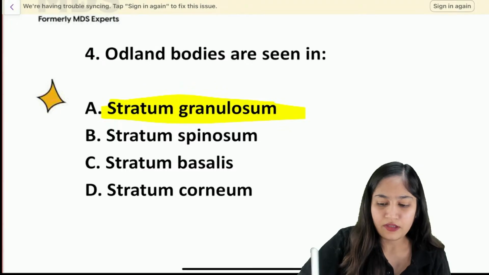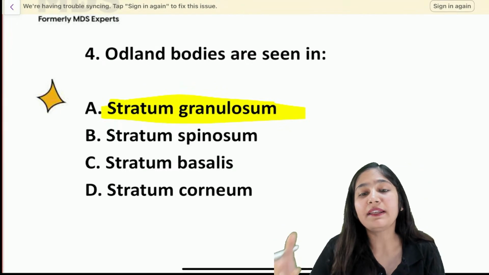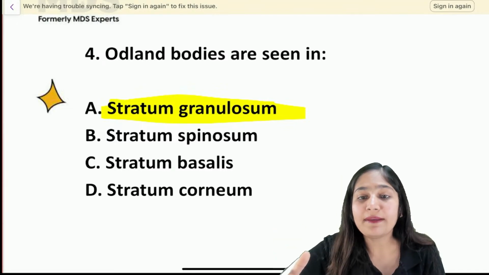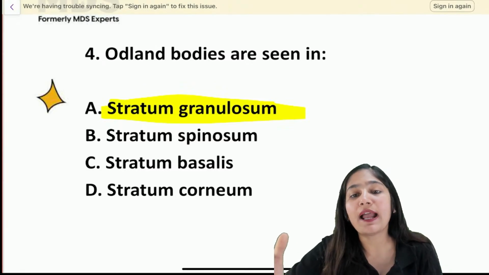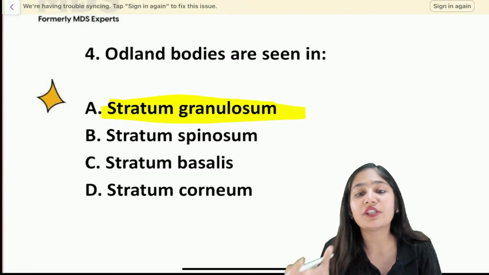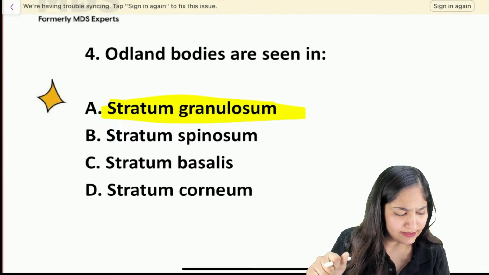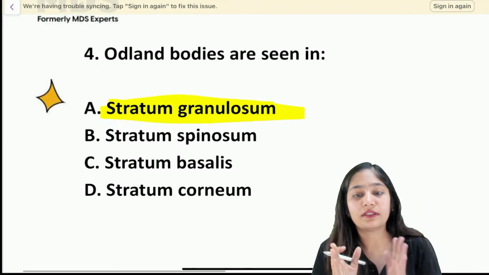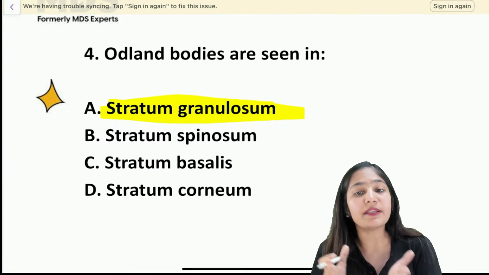Right? Keratinosomes are mainly permeability barriers. Odland bodies are what? Permeability barriers. And keratohyaline granules are a prominent feature of stratum granulosum, right? Ruby has a doubt in this. So, keratohyaline granules: we have the name itself, stratum granulosum.